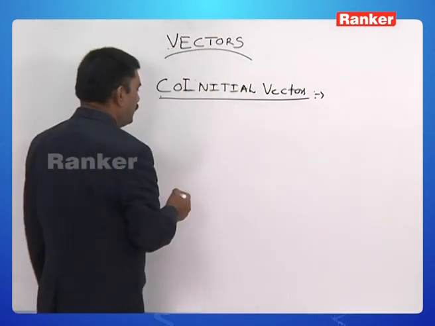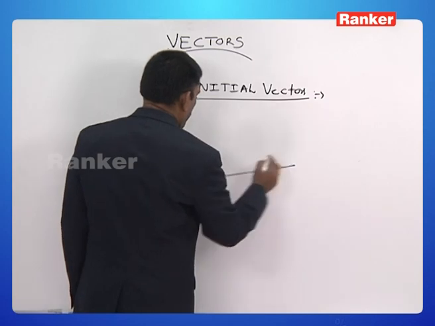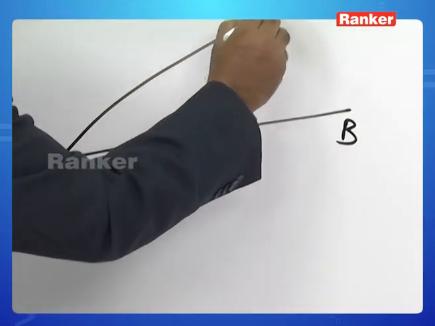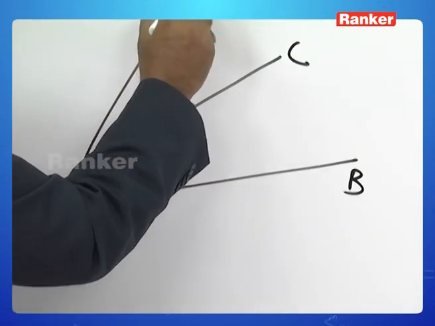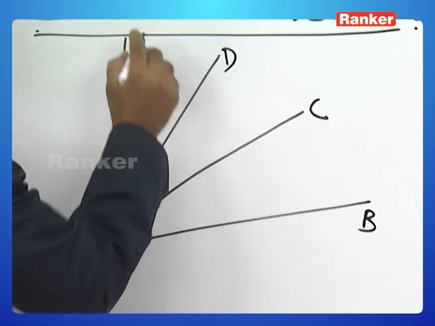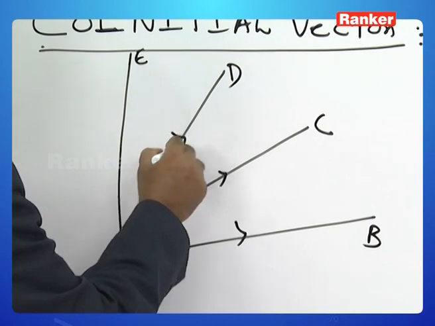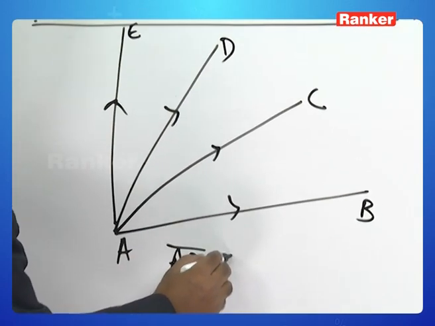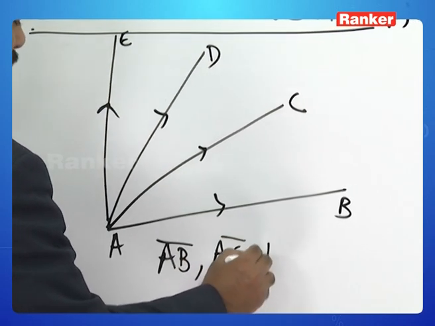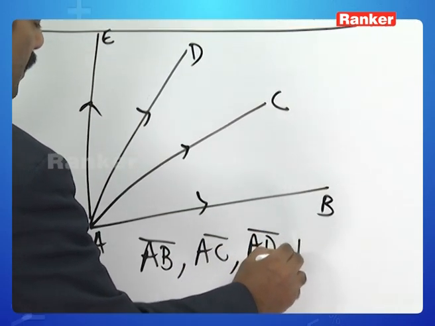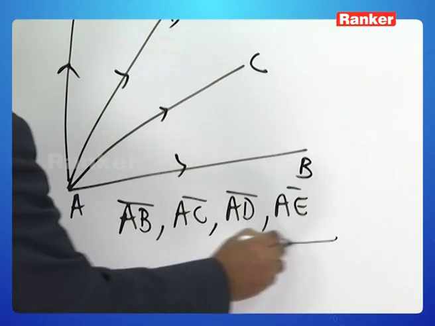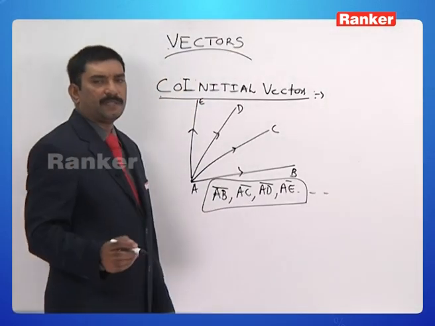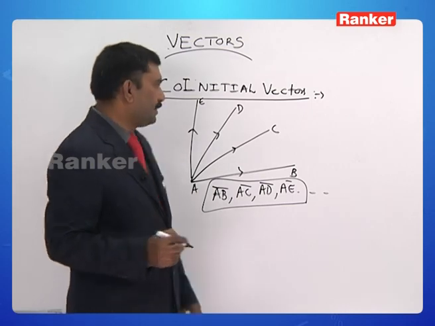For example, if I take A, and this is B, C, D, E, all these have the same initial point. That is AB bar, AC bar, AD bar, AE bar. All these vectors are known as co-initial vectors.